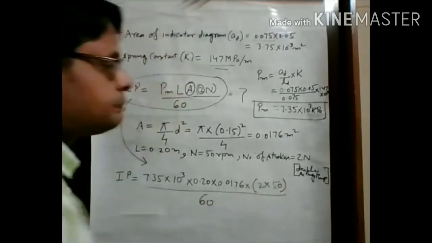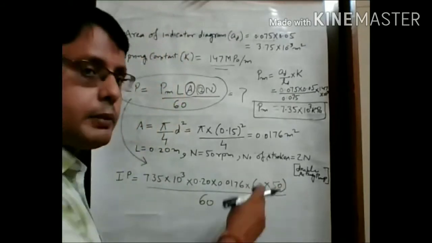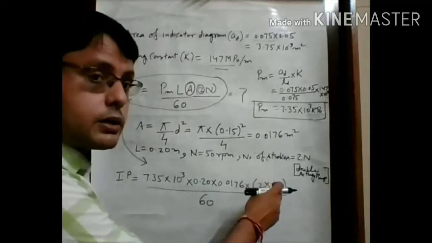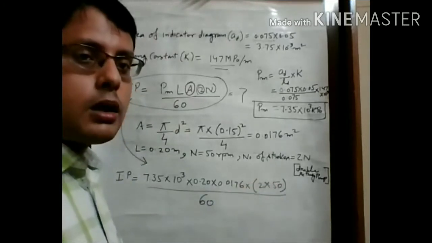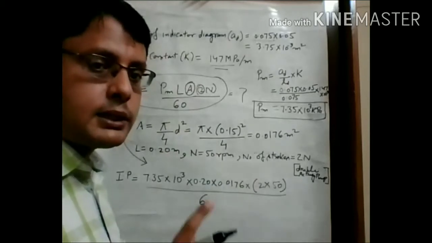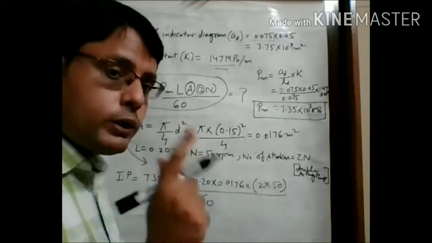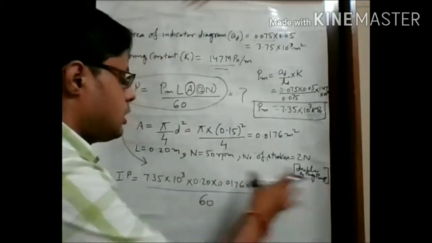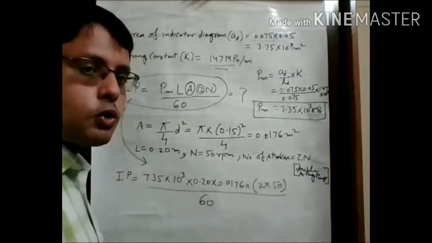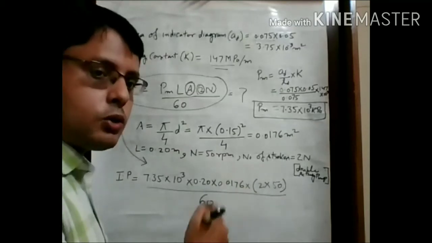Here we are using RPM, that is per minute, and we want to calculate this indicating power in unit kilowatt. That means it is for unit second. So we have to divide the whole expression by 60 to convert minutes into seconds.